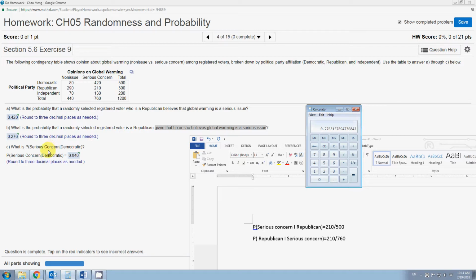So we need to find the number of counts for serious concern and Democratic, which is 420, divided by the total number of people who are Democratic, which is 500. So 420 divided by 500 gives us 84%.